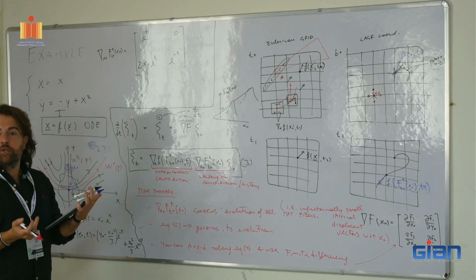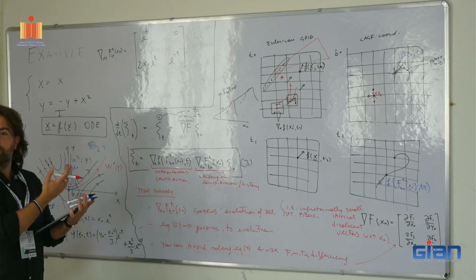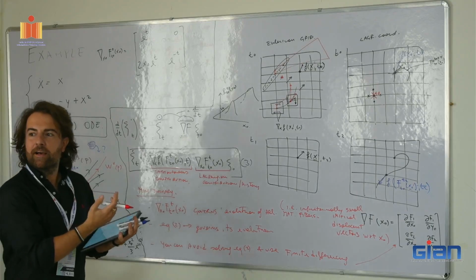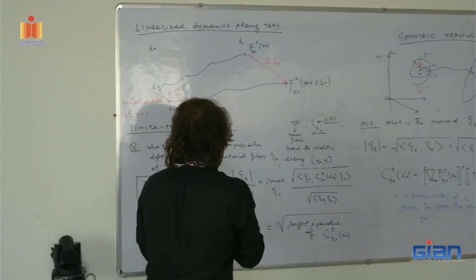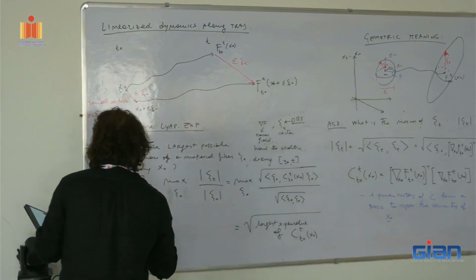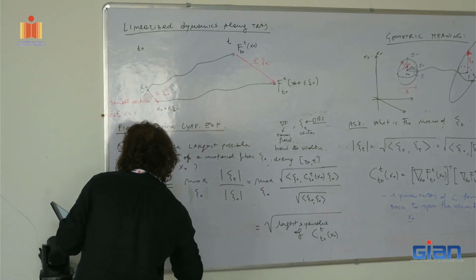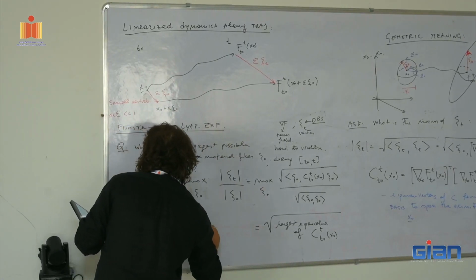What's the direction of largest separation? The largest eigenvector of Cauchy-Green. So basically, this is going to be a scalar field of x0.